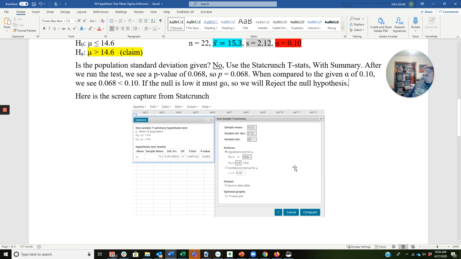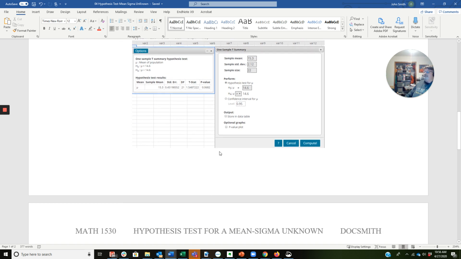That tells me it's a right-tailed test. So when I click compute, here's what I get. I get a test statistic of 1.549, I guess it would come to. I think they let us round it to 2 places, which would be 1.55 for this question. And the p-value that I'm going to use to make my decision, 0.0682.